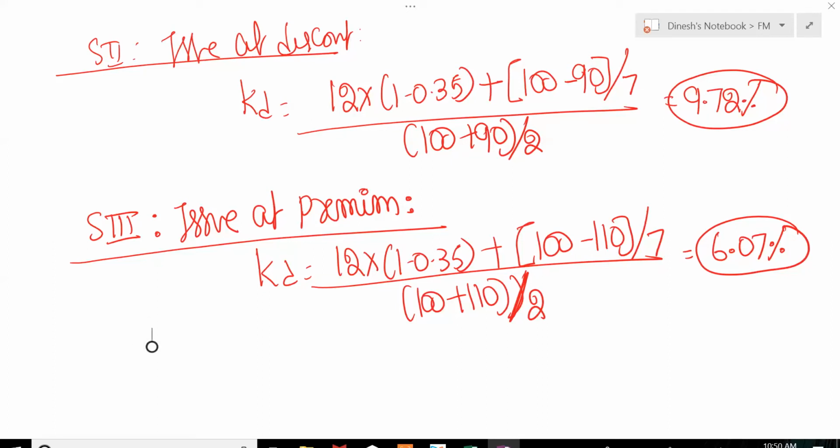In this case, average other cost is negative. It can be negative. Your average other cost can be negative, and we see this scenario where issue has happened at premium, redemption is going to happen at par. Problem silent, redemption will always be at par only.